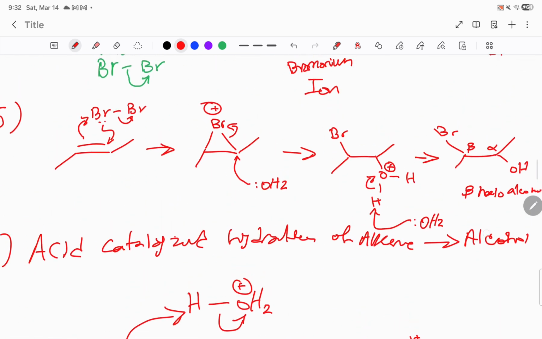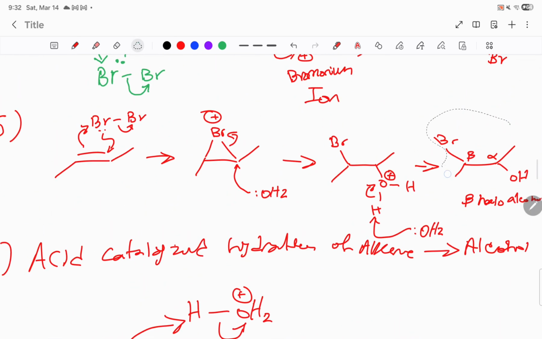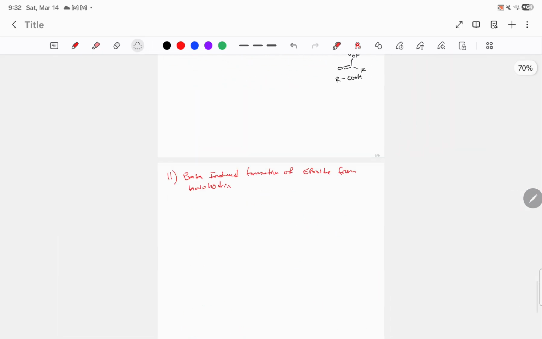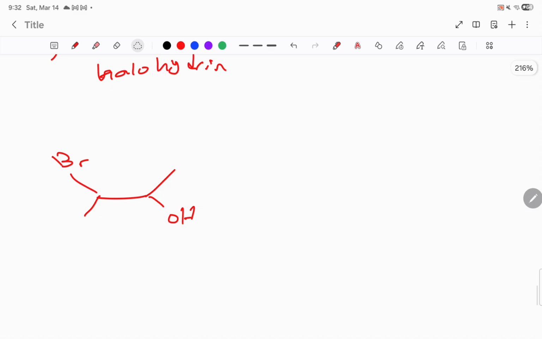So let's actually grab this halohydrin, copy it, and let's come all the way down here, paste it, and let's do our reaction with this specific halohydrin. Okay, keeping in mind that there is a hydrogen here and a hydrogen there.